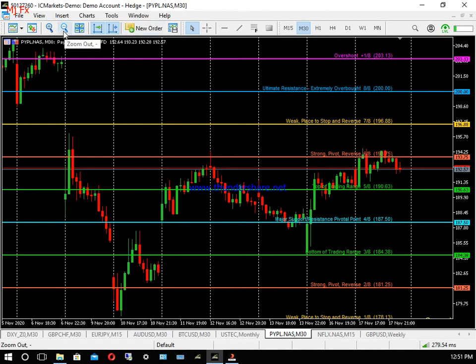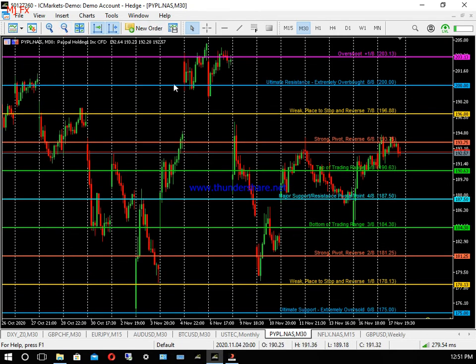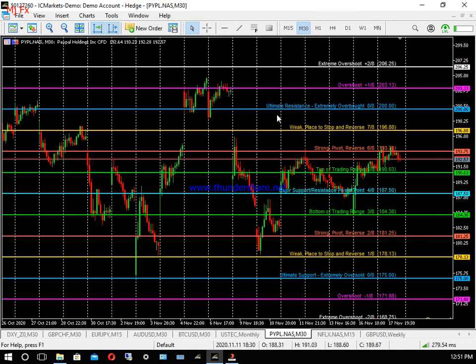So you can see from this chart that PayPal, of course, stocks, for those who trade stocks, there are a lot of gaps day in, day out, but these are pre-market gaps, because the stock market doesn't sleep. So okay, these are pre-market gaps. You can see the price went up, it went back up, broke above strong pivot reverse.